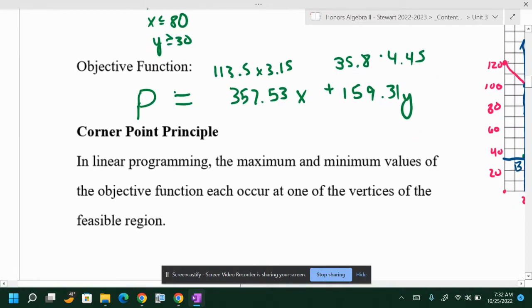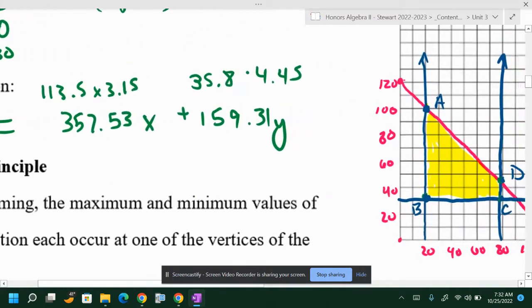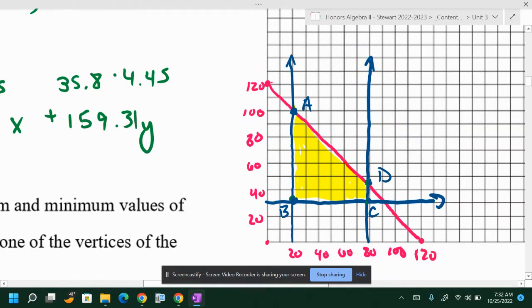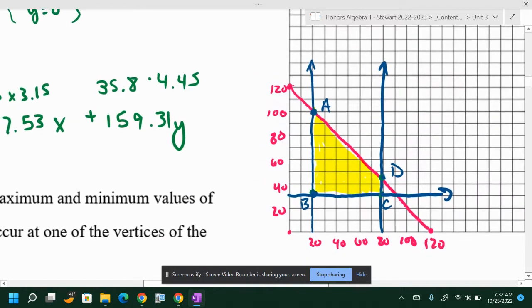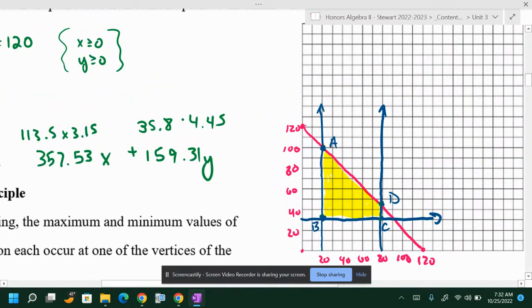And what does that actually tell us? Well, we graph all of our inequalities, as you see here. The places labeled A, B, C, and D are what we call corner points, or vertices. These corner points, or vertices, are where maximum and minimum profit are actually achieved.